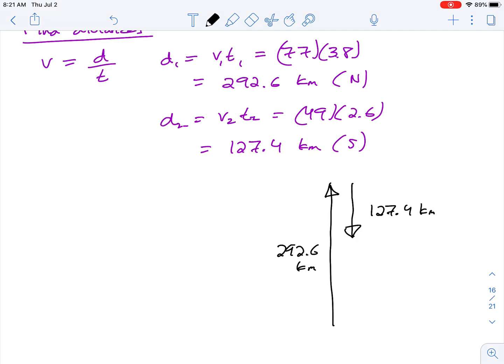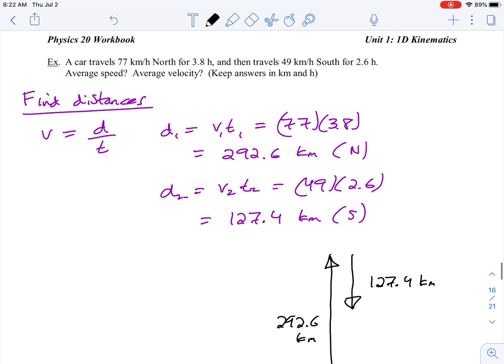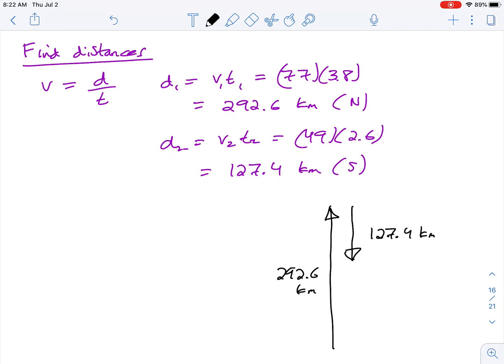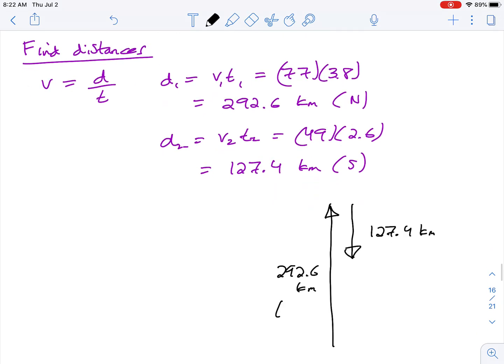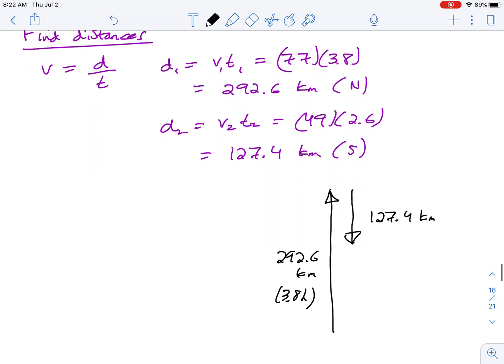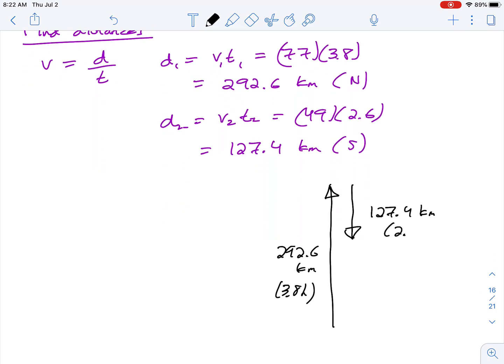Okay. And what I'll do also, just to keep the information here, this first part is for 3.8 hours, so I'm just going to put that in brackets. And the second leg of the journey is 2.6 hours. Okay, just so I don't have to keep on scrolling up and down.